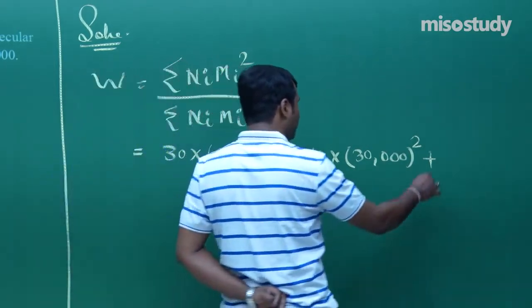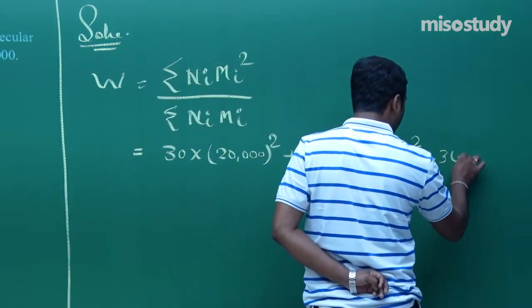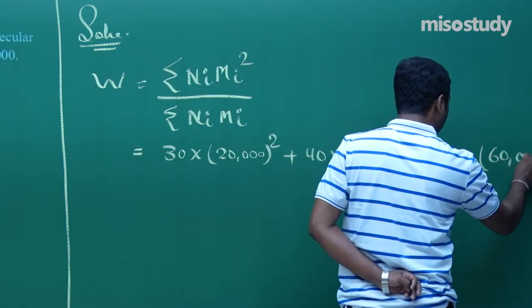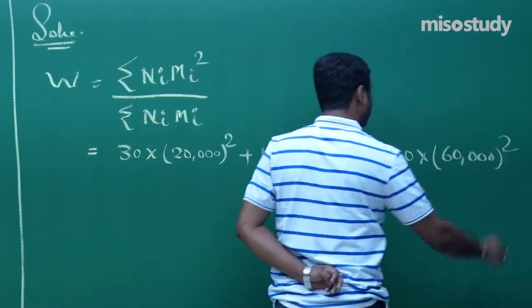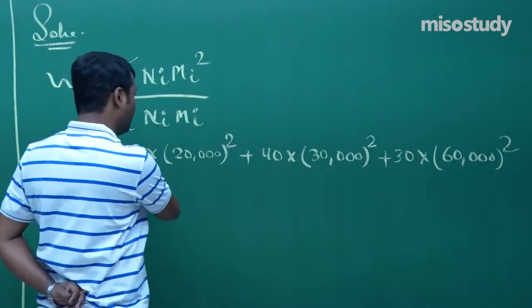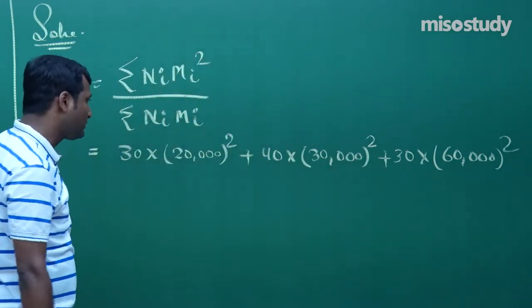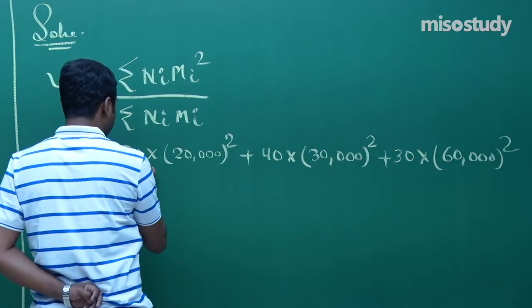The remaining is also 30, so put here 30 multiplied by 60,000 squared. Clear to you? Total 30 plus 40 is 70, and 100 minus 70 is 30, so the rest is 30%.